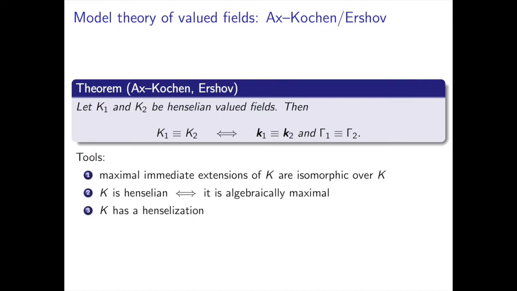And some tools from valuation theory that you use in a proof of such a thing are that you have some uniqueness of certain kinds of extensions, you have some equivalence of henselianity, which is a first order property about lifting zeros, to some non-first order property about maximality in a certain class of extensions, and then henselizations, which are Henselian extensions with a kind of semi-universal property.